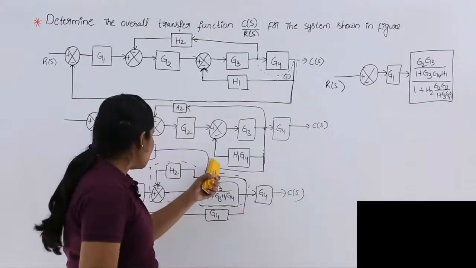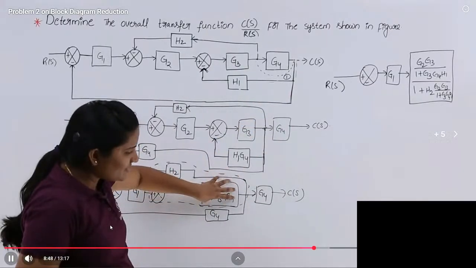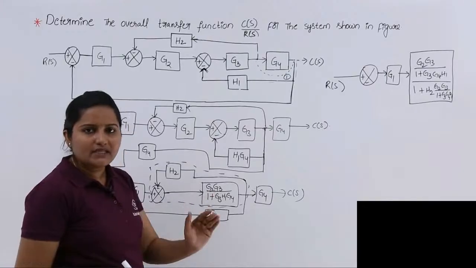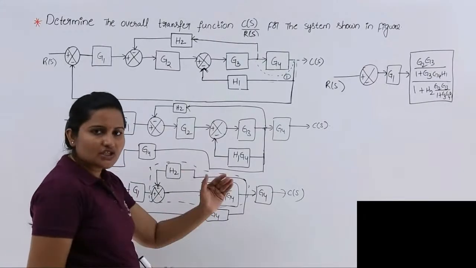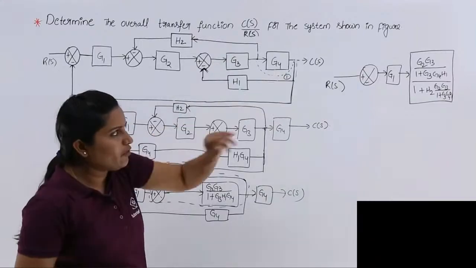In place of this feedback, I wrote it like this. You just treat it as G open equals open loop gain divided by 1 plus open loop gain into feedback gain, G divided by 1 plus GH. That is the form I wrote there.